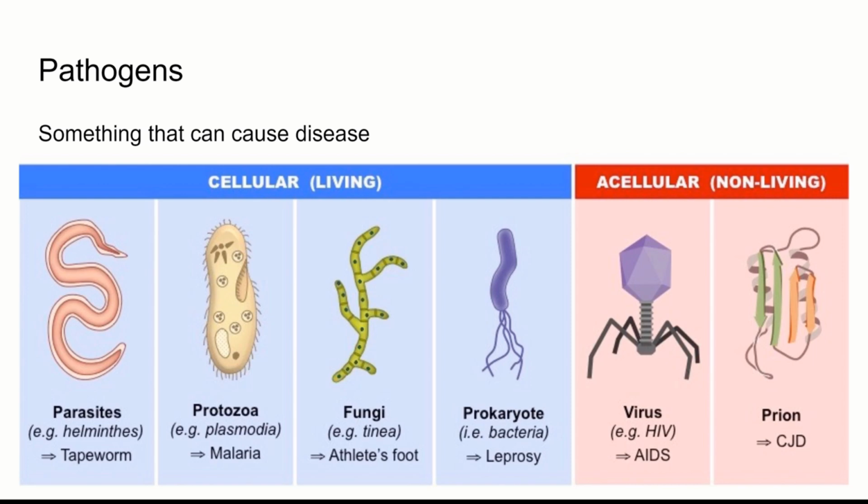Most often we think about pathogens in terms of either cellular things, so things like parasites or protozoa, fungi or bacteria, a prokaryote, or acellular, non-living things, like a virus or something we call a prion, which is a detrimental protein.